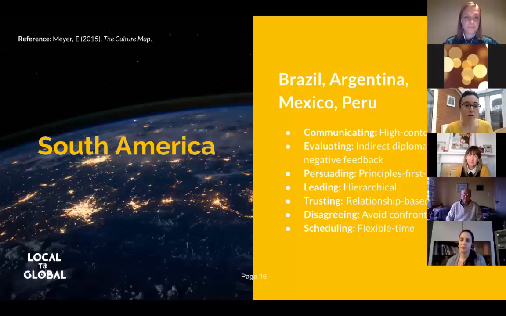A contrast would be North America, for example, they are more direct, so they are considered a low context culture. And when it comes to evaluating, they give indirect, diplomatic negative feedback, and they are very respectful. So in Mexico, for example, you wouldn't give feedback to an individual in front of a group. They'll have a private meeting for that.